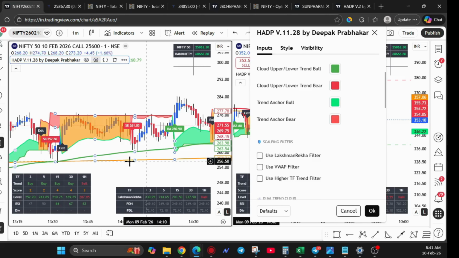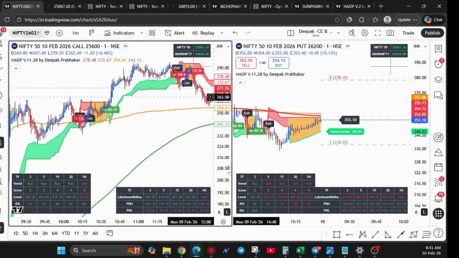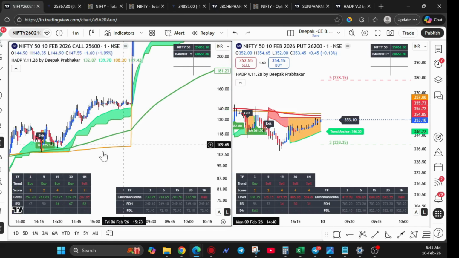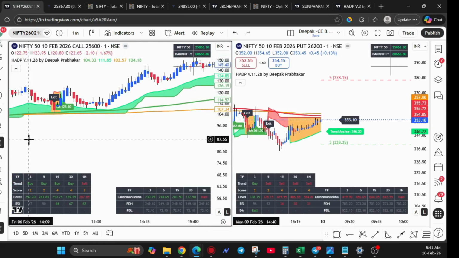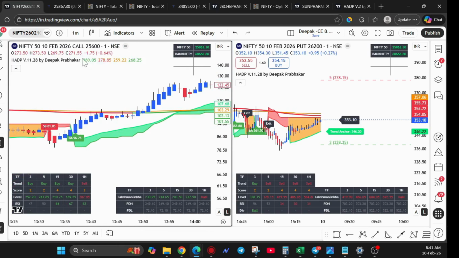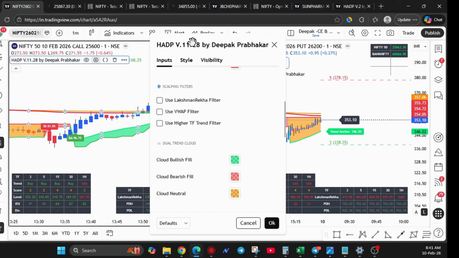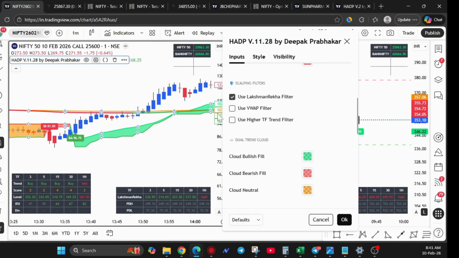Similarly, buy signals below the Lakshman Rekha will vanish. So is there any candle here? Let us go and see. Yeah, so here you have a buy candle below the Lakshman Rekha. Now let us turn that on. Now if I turn it on, gone. Now what happened? This buy has shifted here, right? Above the Lakshman Rekha, the candle closed and it gave a buy here. So that is the use.